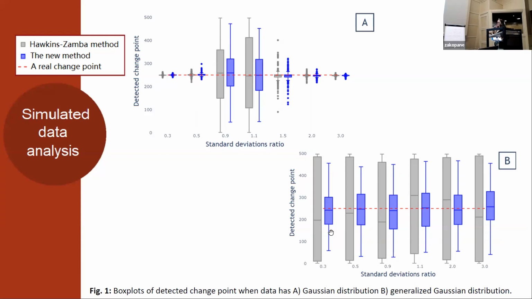On the slide, you can see the results for data from Gaussian distributions, and on plot B from generalized Gaussian distributions with parameters given in this way, that this is platykurtic. So as you can see, for each of the standard deviations our algorithm works better. This is a really good conclusion.